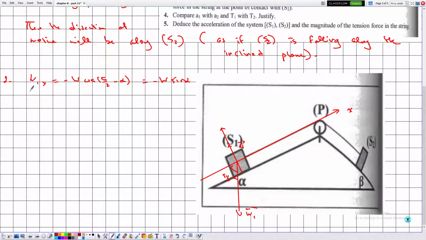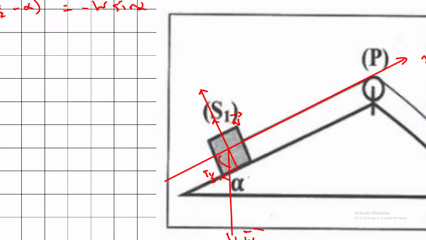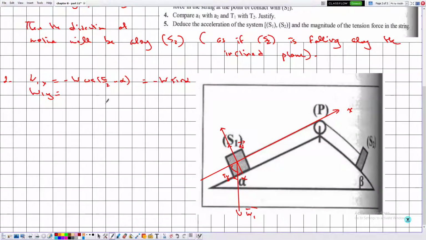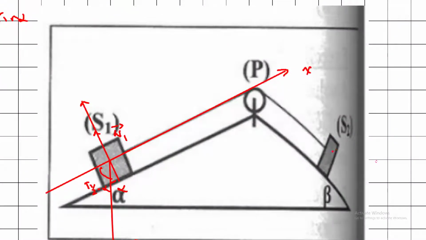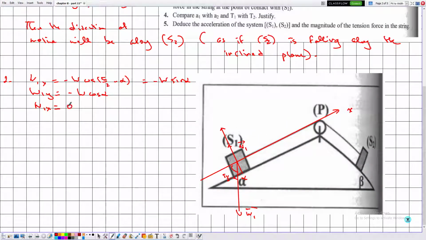As for w1y, this angle will be simply given by alpha, and it's pointing in a negative direction, so it's minus w cosine alpha. As for n1x, let me say this is n1 because here we have another normal which is n2. It will be 0. As for n1y, it will be plus n1.